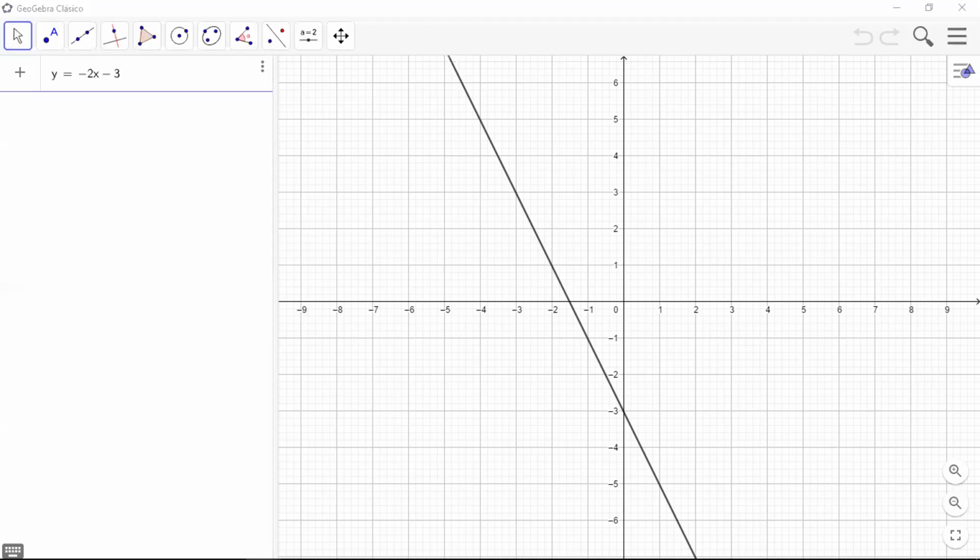Okay, and Mr. Rengifo, can you please share your screen? Oh, Mr. Rengifo, so your graph is going down. Why is your graph going down? Because the b is -3.